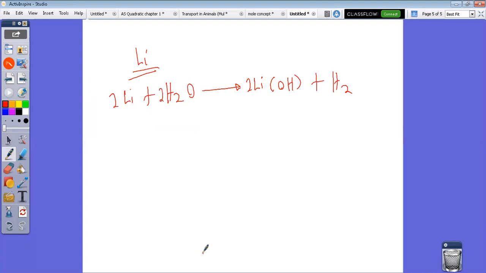Sodium reacts steadily with cold water. That's the observation: it reacts steadily with cold water.